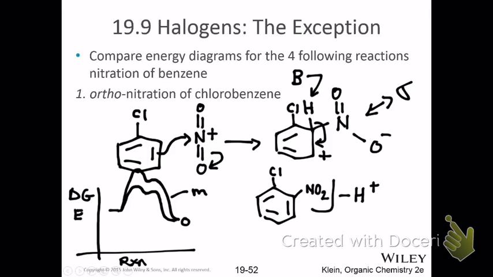So now what we're going to do is I'm going to draw the carbocation intermediate for both, and we'll look at them and talk a little bit about why the meta is higher in energy than ortho and para.